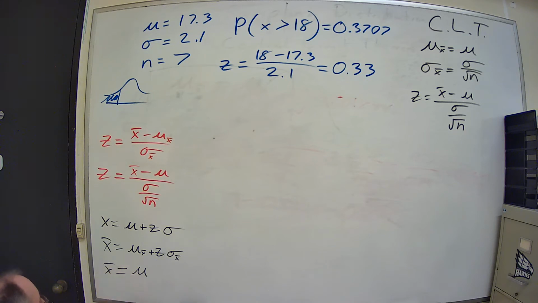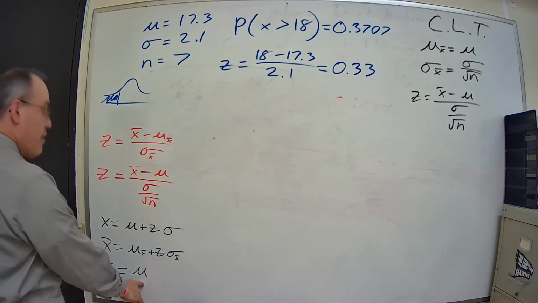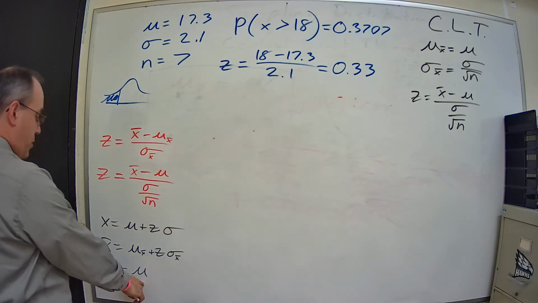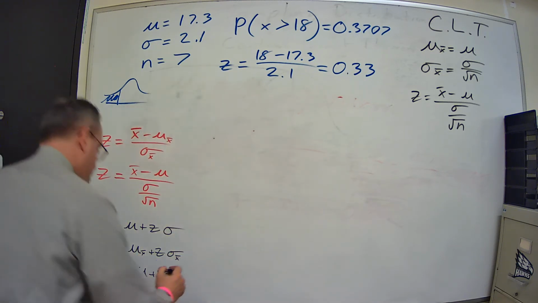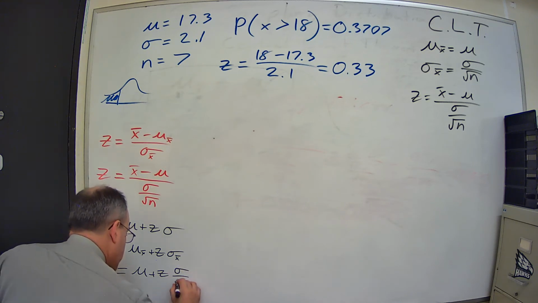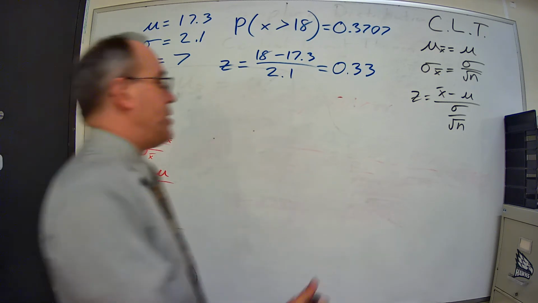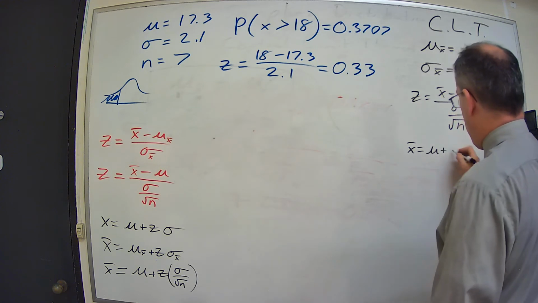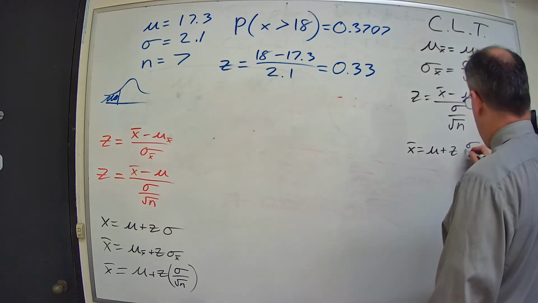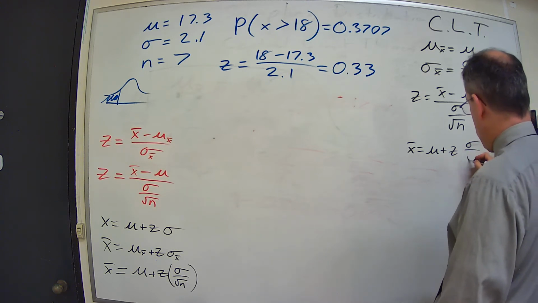So x bar is equal to mu, because mu of x bar is equal to mu, plus z times sigma of x bar, and sigma of x bar is sigma over the square root of n. You want to put those in parentheses so you can see it. So I'm going to write that over here, that x bar is equal to mu plus z sigma over the square root of n.